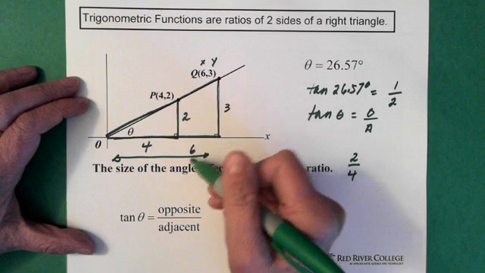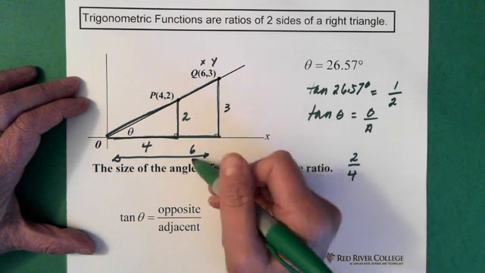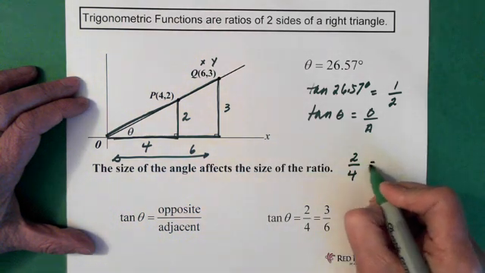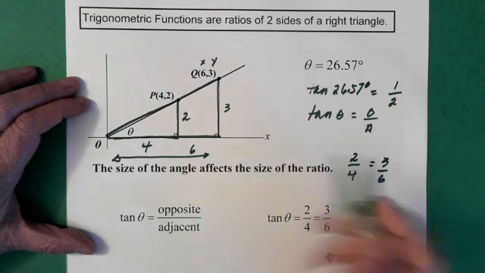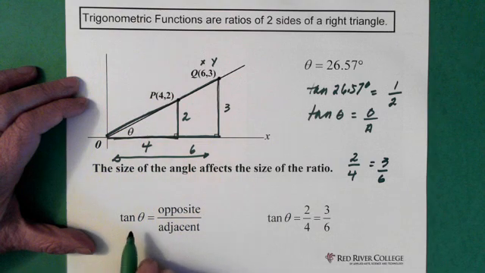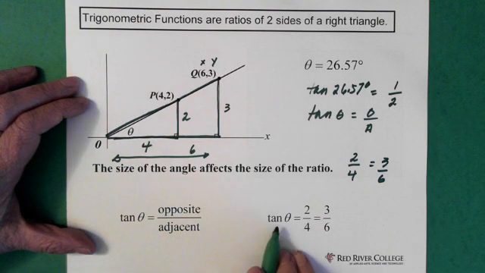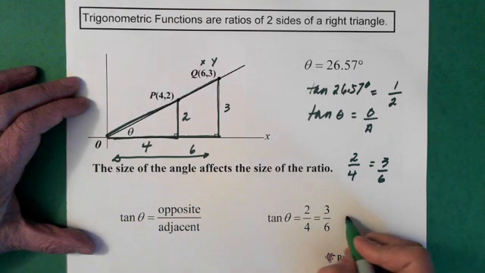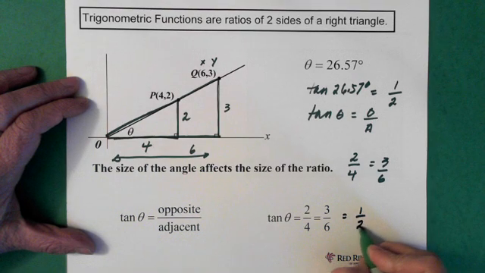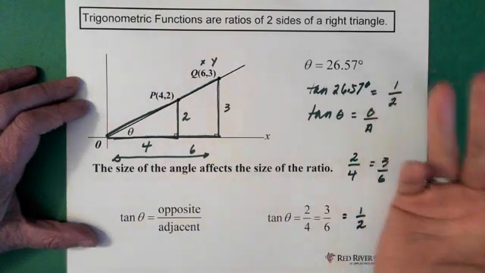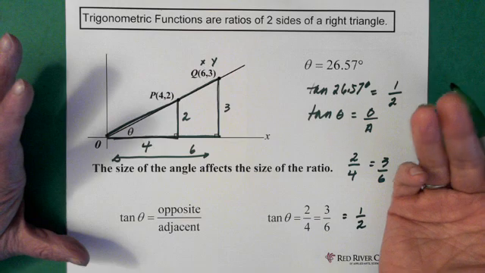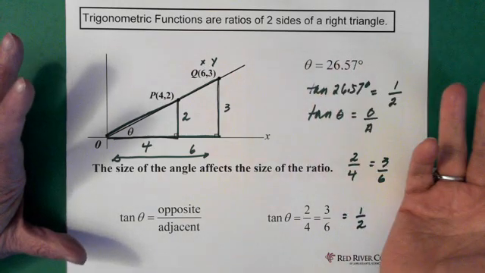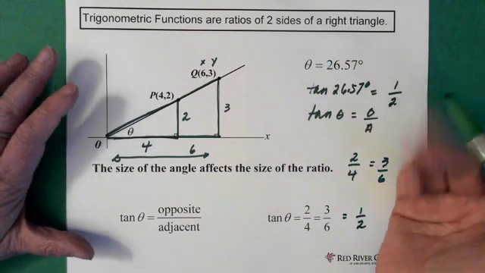So opposite over adjacent, 3 over 6. And we were talking about opposite over adjacent, which is the tan. And you can see that here we have the 2 over the 4, which equals the 3 over the 6, which is 1 over 2. And all this is information about what actually is a sine, a cosine, and a tangent. They are ratios of two sides of a right angle triangle.